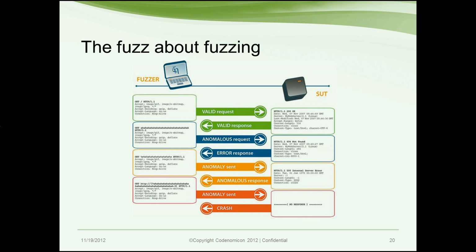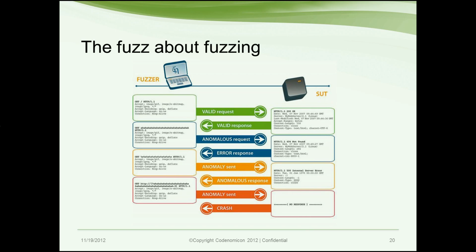In this case it's the percent sign, which it can't process, and it's generating an error code 500 internal server error and sends that back. You can also see here that there are some other anomalies in the response back. We see the content length is -1, the content type is some weird characters, etc.